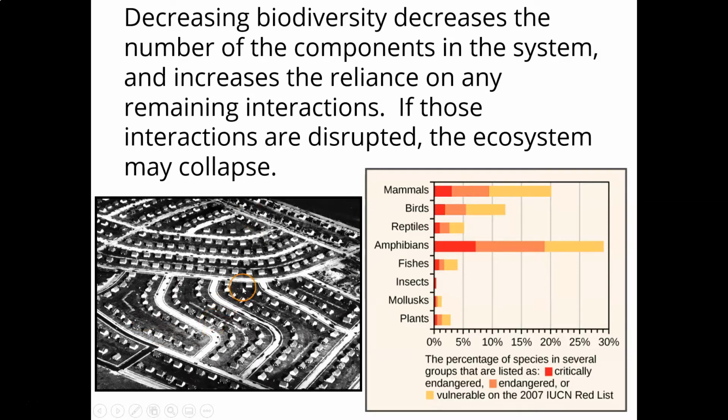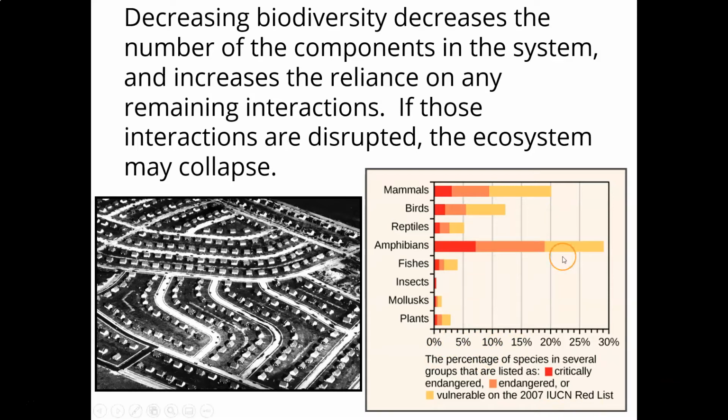But as they were draining these swamps and filling them in, they had an adverse impact on a certain group of organisms: amphibians. Amphibians are reliant on wetlands. They need water to live. So, as you can see here, these are the percentages of species that are critically endangered, endangered, or vulnerable.